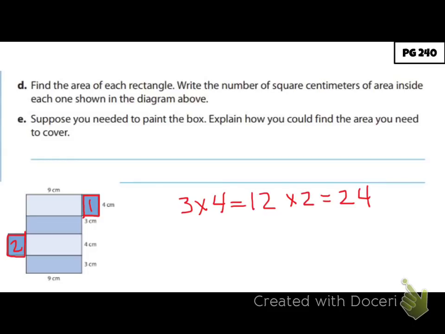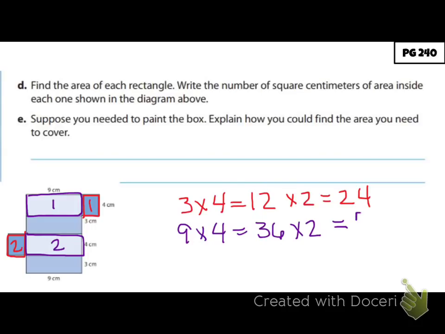Then if I come up to the front and back, which was our purple ones, you can see that we did 9 times 4, which is 36. But once again, I have 2 of those, so I'd multiply this times 2. 36 times 2 equals 72.